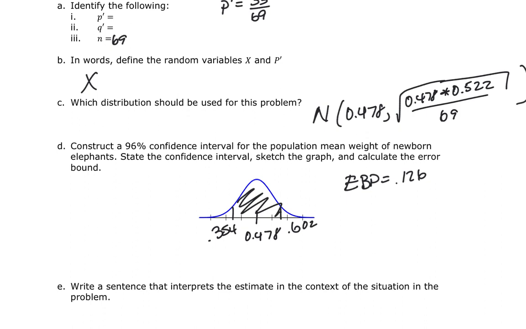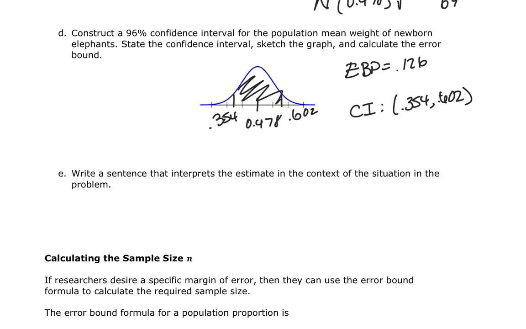So my confidence interval is going to go from 0.354 to 0.602. What does this mean? So we are 95% confident that the proportion of freshmen who have declared a major is between 35.4% and 60.2%.